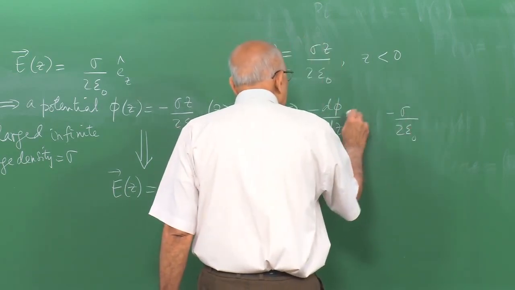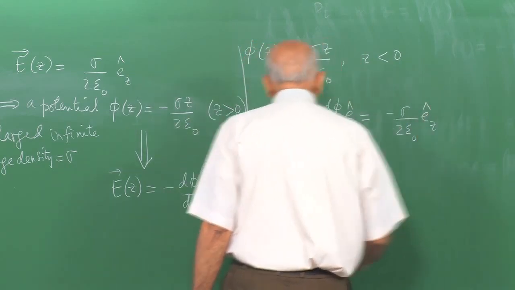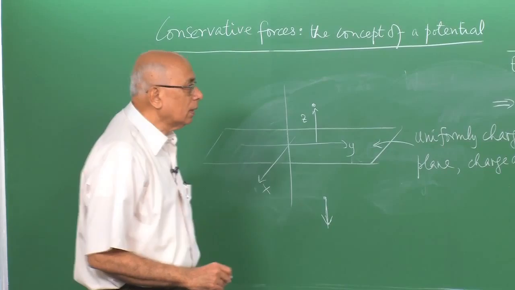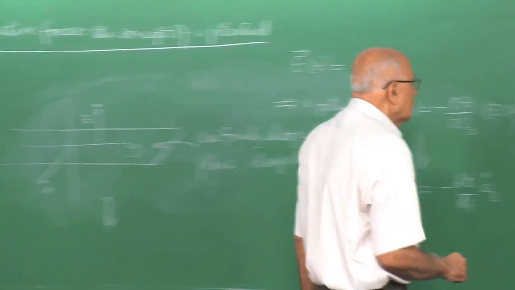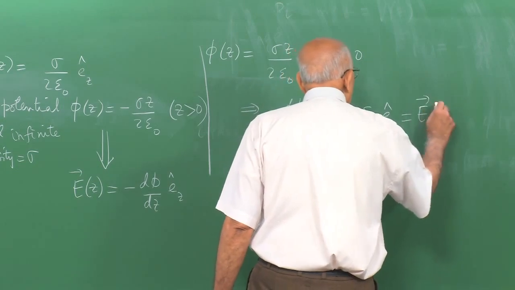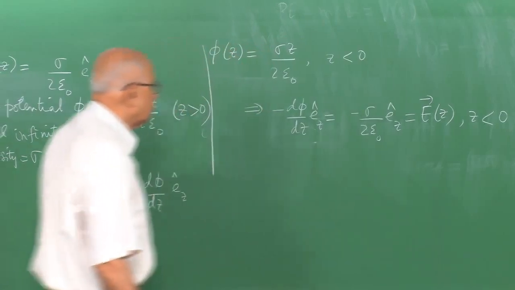And if you multiply this by Ez, it goes here, which is indeed the direction in which the force acts on a unit positive test charge here. So this again tells you that you can combine both these quantities, and this is equal to the electric field at a point z for z less than 0 here.